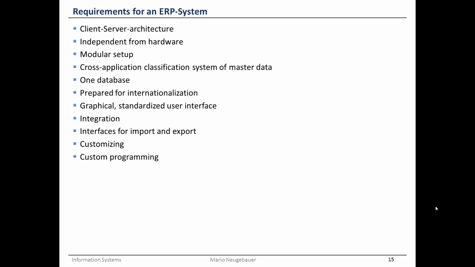Usually you would have an ERP system with a client-server infrastructure. That means that you have a central server and clients which access the information on the server. The client might rely on a web-based UI, or the client might rely on a specialized UI.